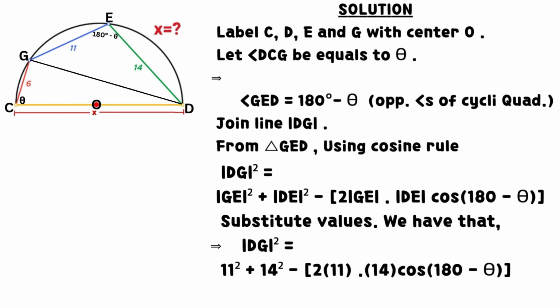Substitute values and we have that the square of line DG equals the sum of the square of 11 and the square of 14, minus 2 times the product of 11 and 14 multiplied by cosine of 180 degrees minus theta.